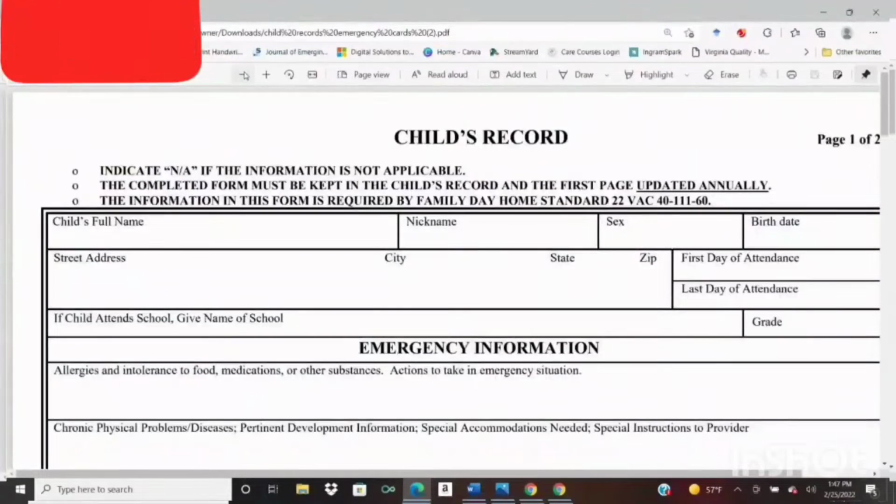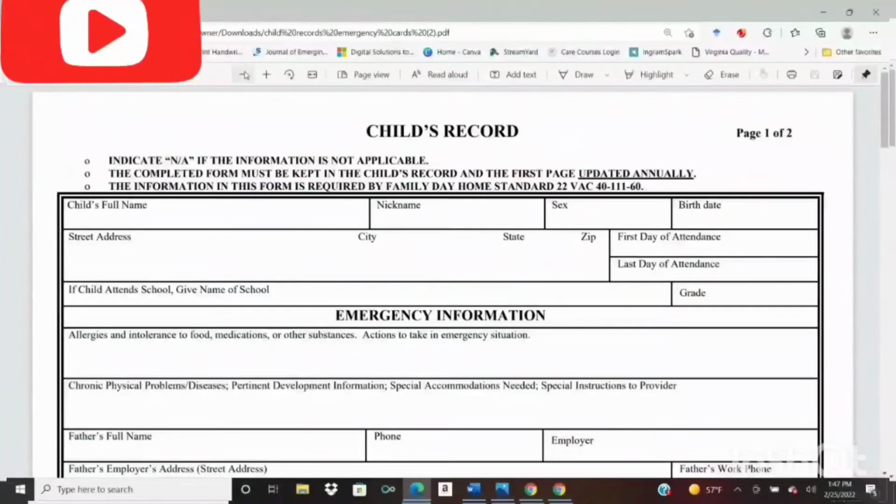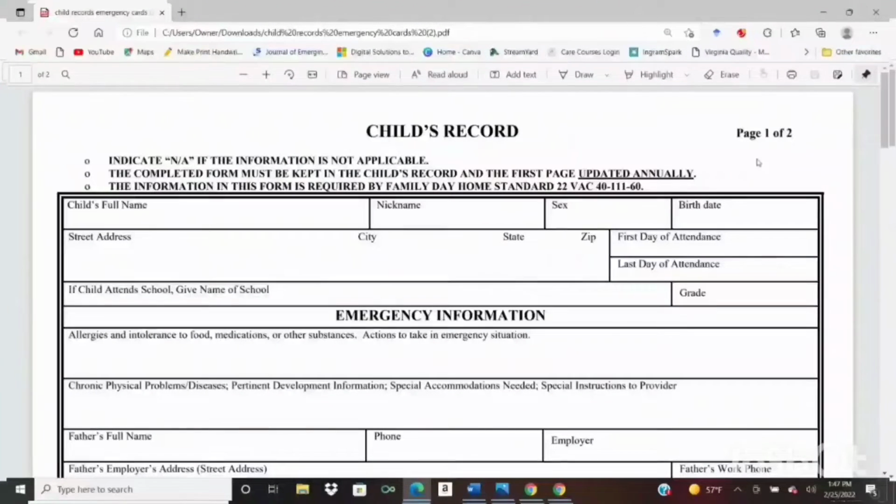Because you have the children's folder, you have the providers folder. Now, looking at what it says at the top, indicate NA if the information is not applicable. Completed form must be kept in the child's record and the first page updated annually. The information in this form is required by Family Day Home Standard 22 VAC 40111 and all those numbers.